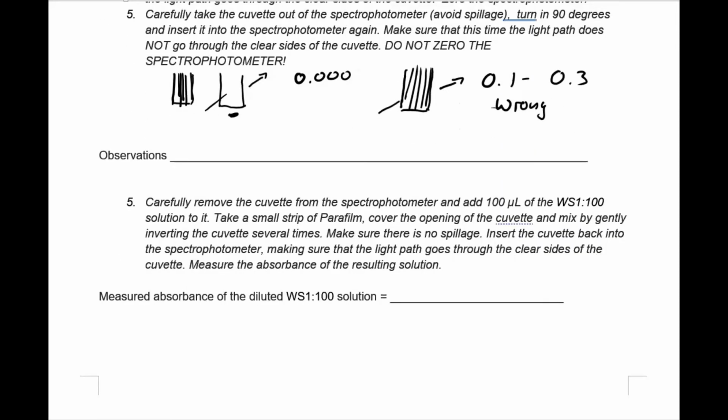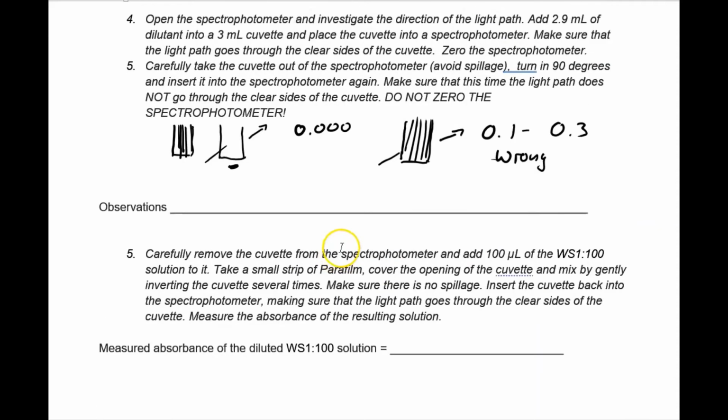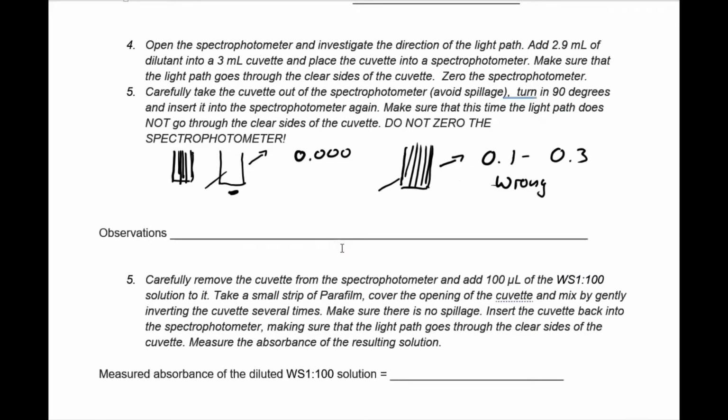Okay, now we are doing another experiment here where we take our 1 in 100 dilution that we had up here.